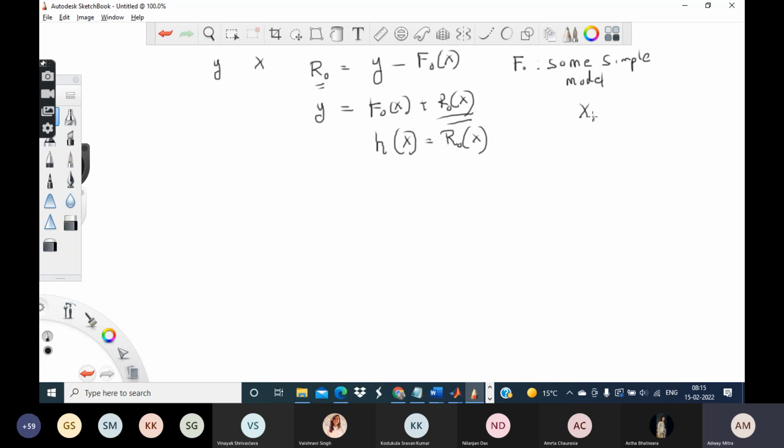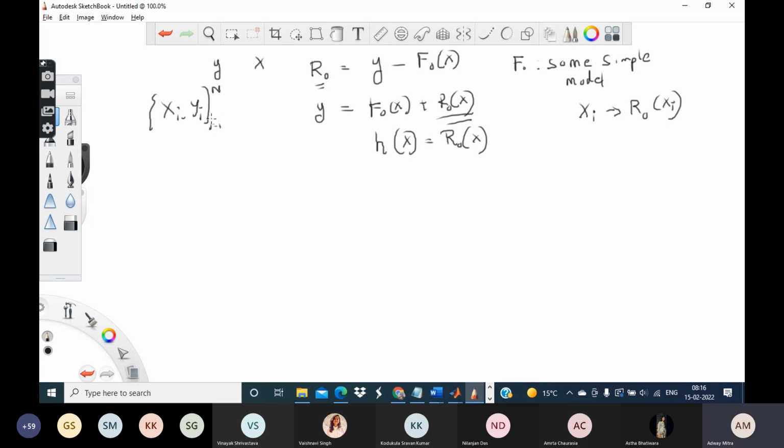I have the feature vector xi corresponding to yi. What I need to predict is the value of r naught xi. So I basically create a new data set. The feature vectors are unchanged, but the initial data set looks like this, xi, yi.